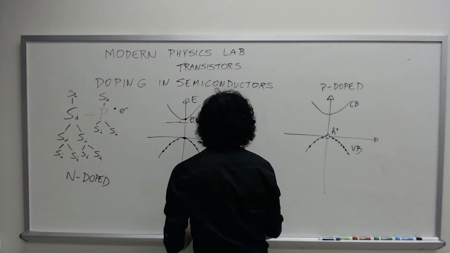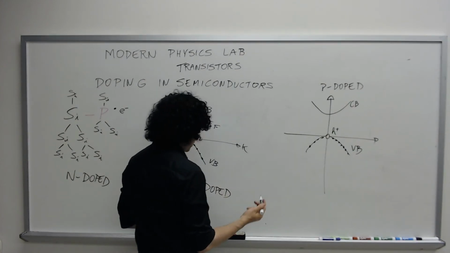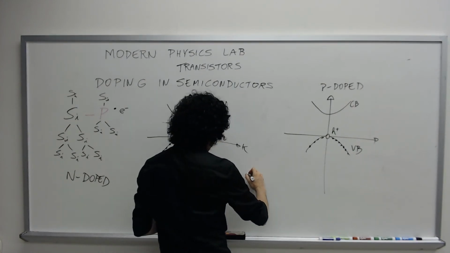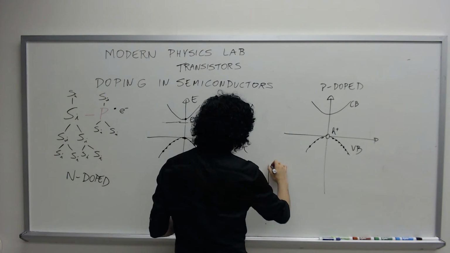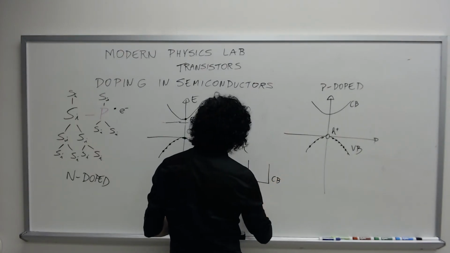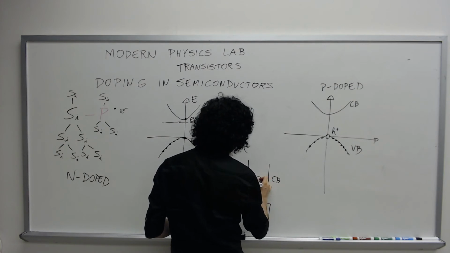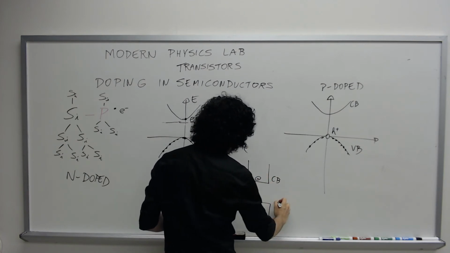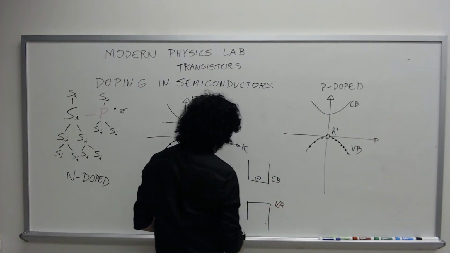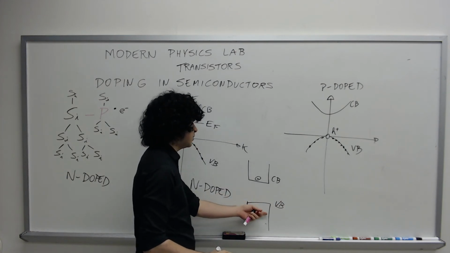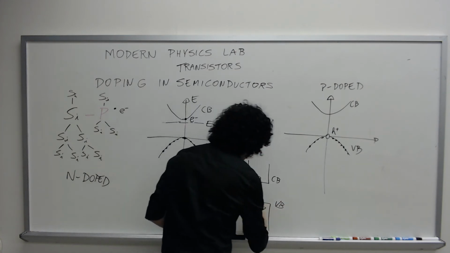From now on, I will represent this in another way. So the n-doped, I can simply include an electron here, and I know that there are electrons in the valence band. I just know.